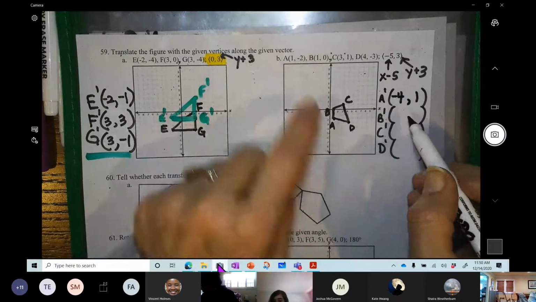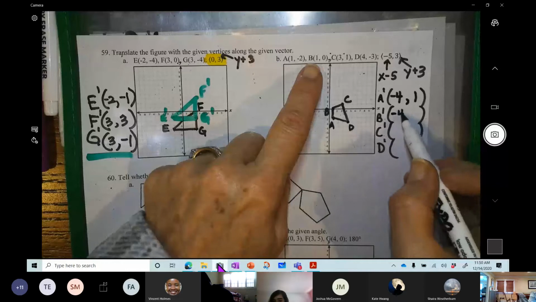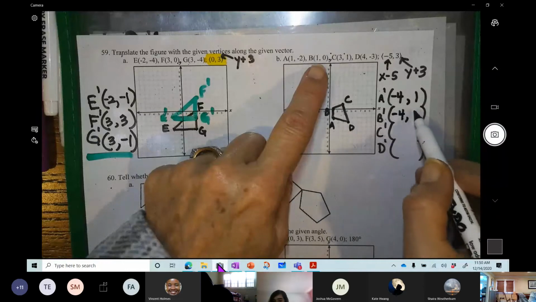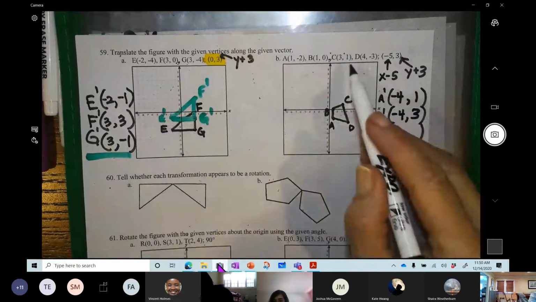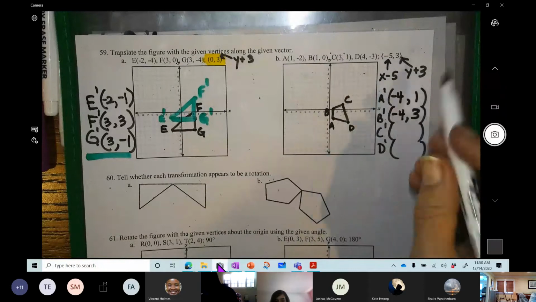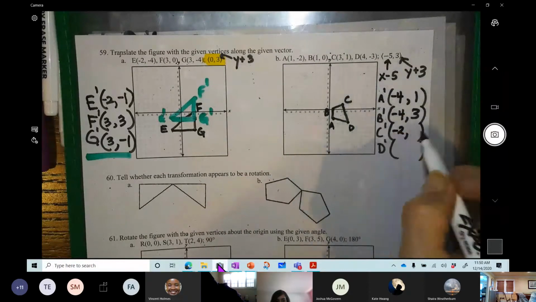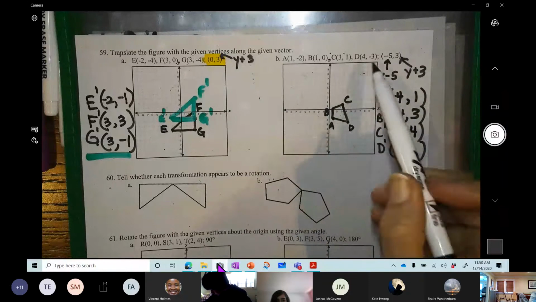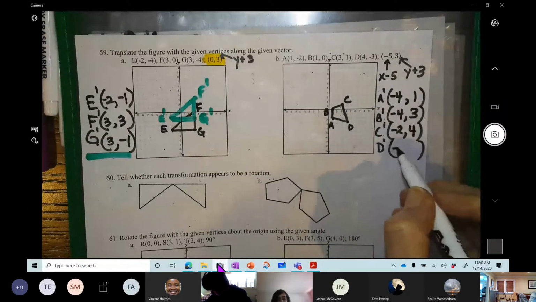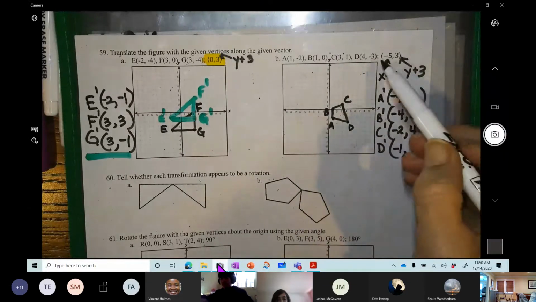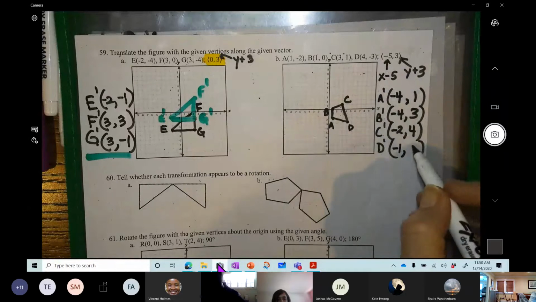For B prime, it's 1 minus 5, 0 plus 3. For C, it's 3 minus 5, and 1 plus 3, and 4 minus 5, and -3 plus 3, so that'll be 0.